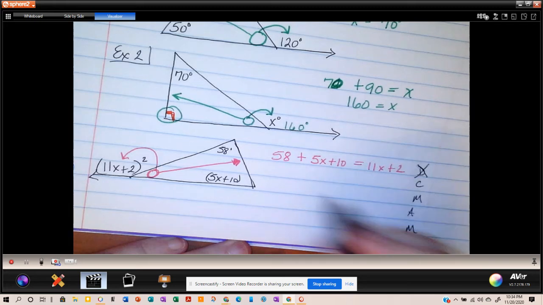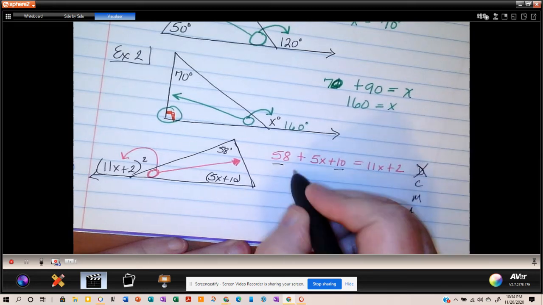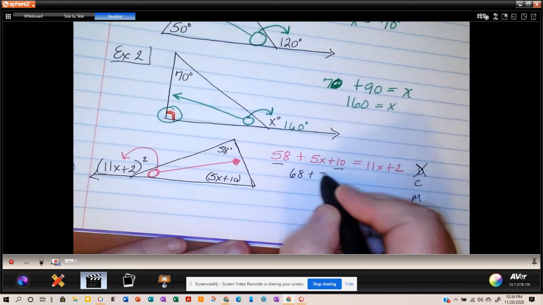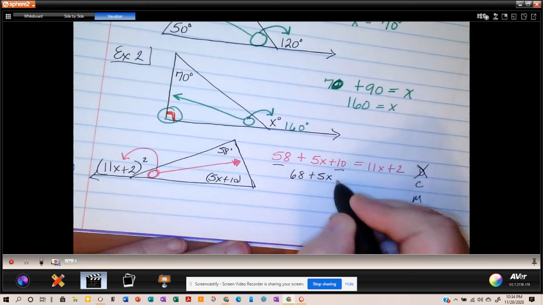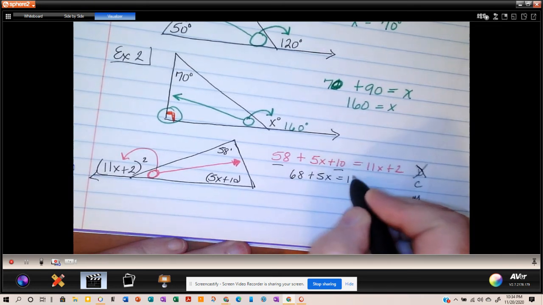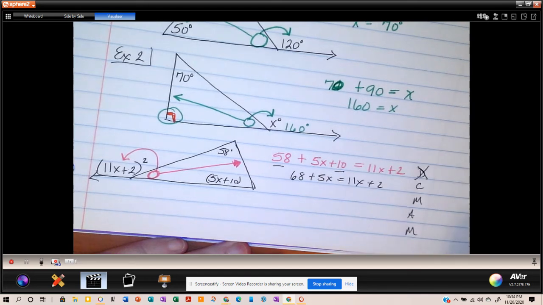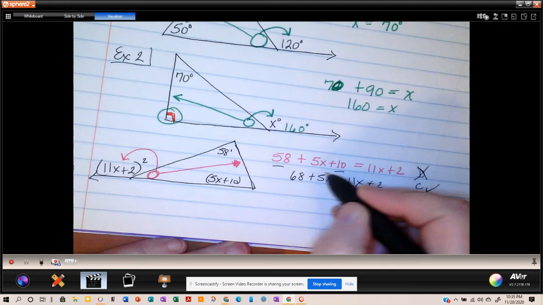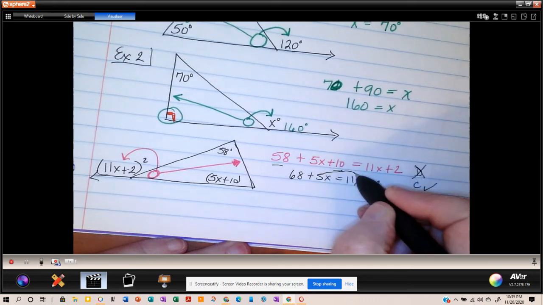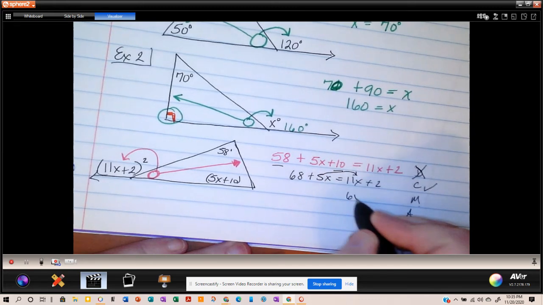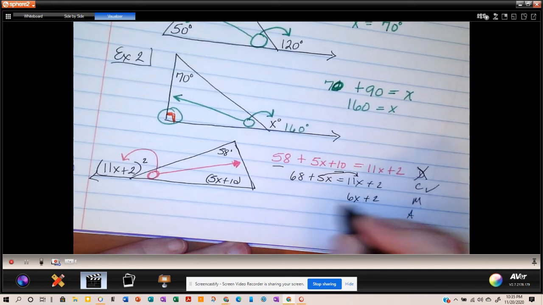Yes. 58 and 10, so that's 68, plus 5x equal to 11x plus 2. So I did combining. Do I need to move a variable? Yes. I'm going to move the 5x over here. So that would be 6x plus 2 equal to 68.